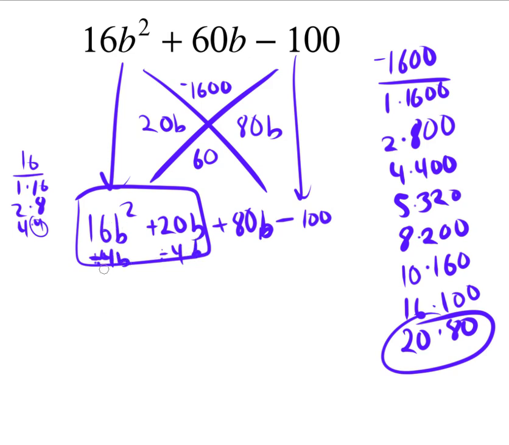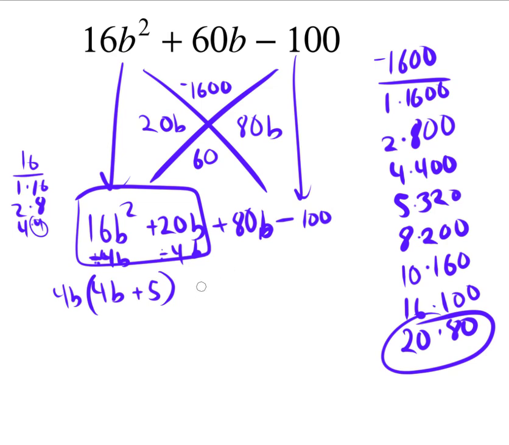So I get 16b squared divided by 4b, which is going to be 4b, right? Once I factor out 4b, it's going to still give me 4b. So 4b times 4b plus 5, right? Once I divide that by that, I get 4b plus 5.